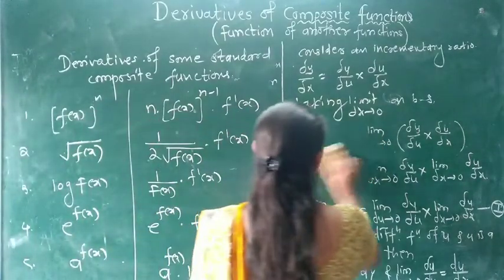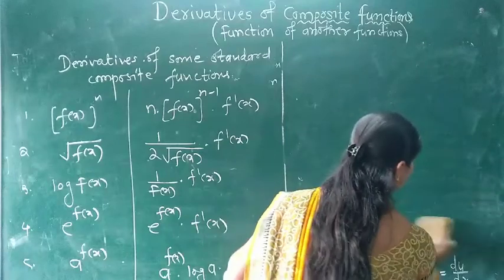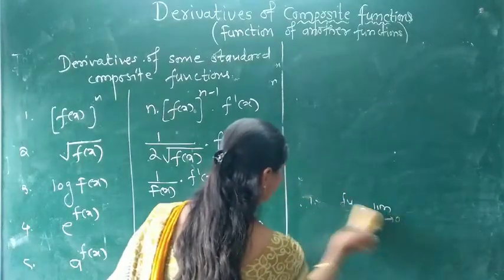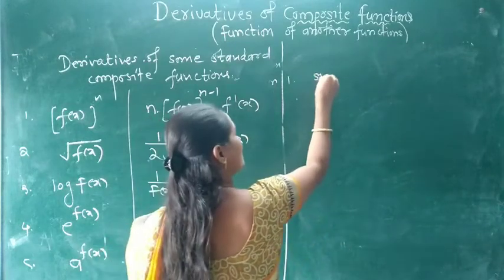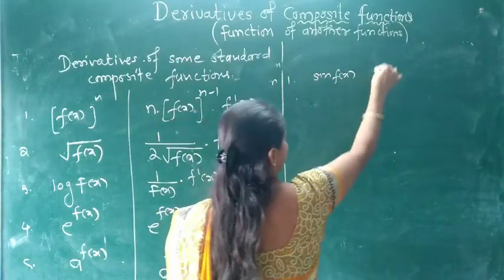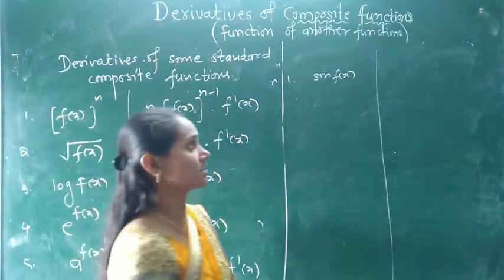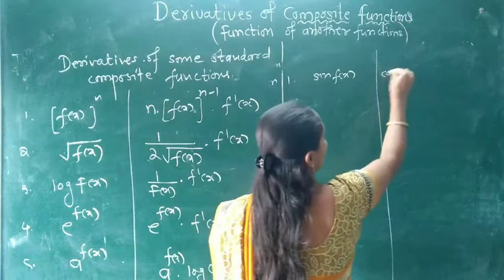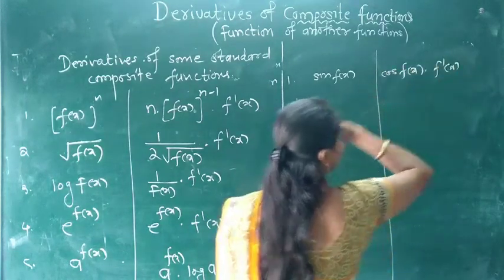Now derivatives of trigonometric composite functions. So first one is sin f of x. We know derivative of sin x is cos x. So derivative of sin f of x is cos f of x into multiply the derivative of the function.